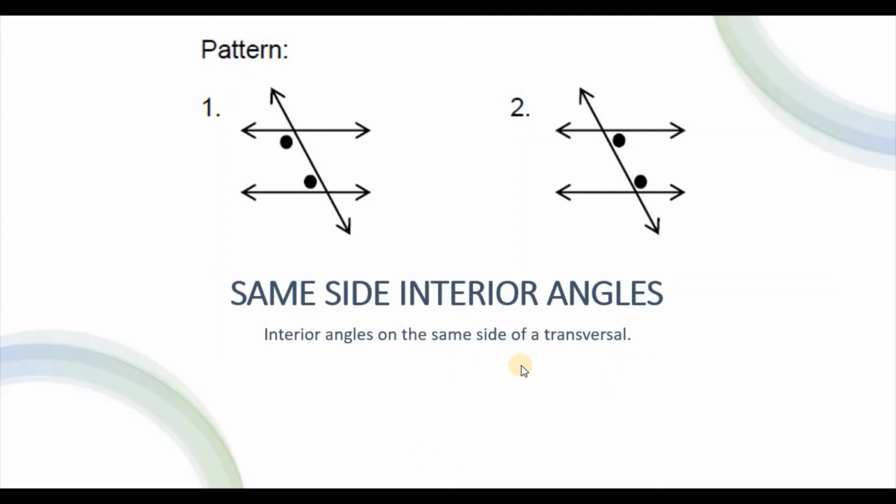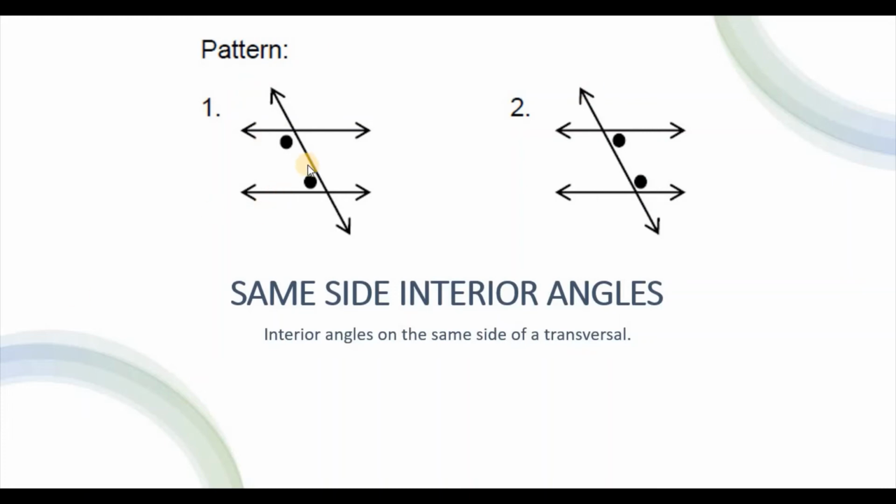Again, interior angles on the same side of a transversal. So for example, itong pattern number 1 natin, parehas silang nasa left side ng transversal and both of them are interior angles. So, same side interior angles, they are supplementary angles. And another pattern, nasa right side naman yung both angles ng transversal and both of them are interior angles.